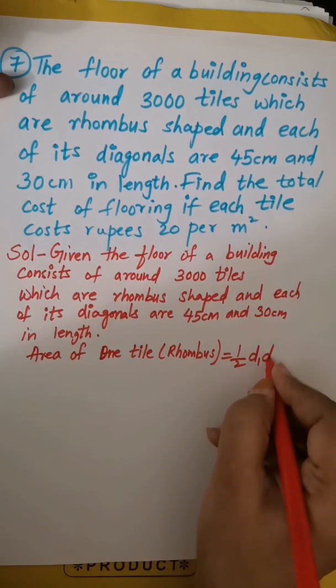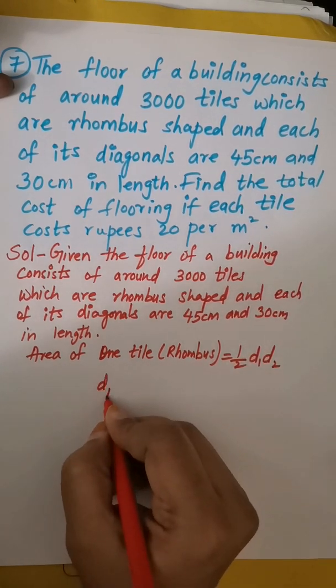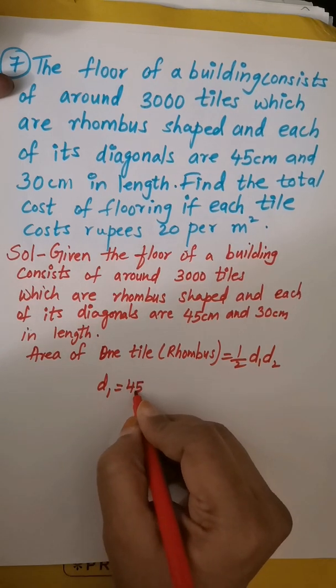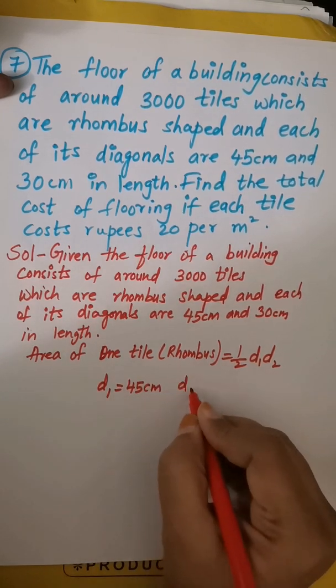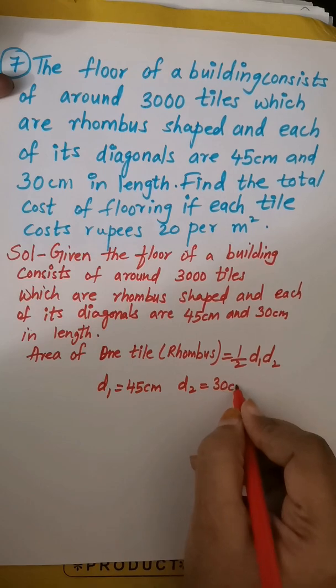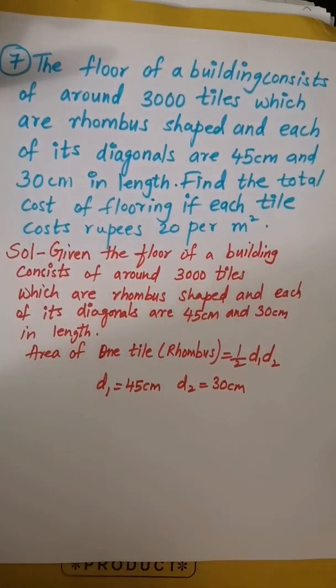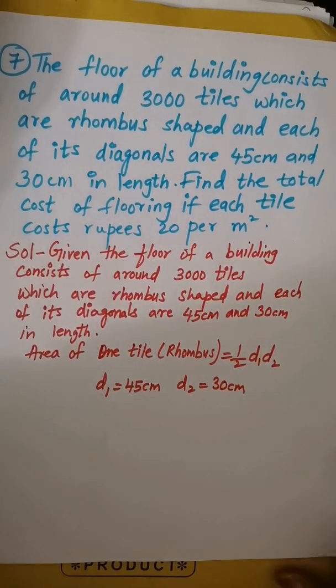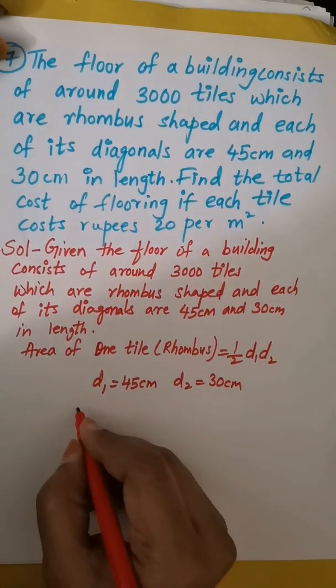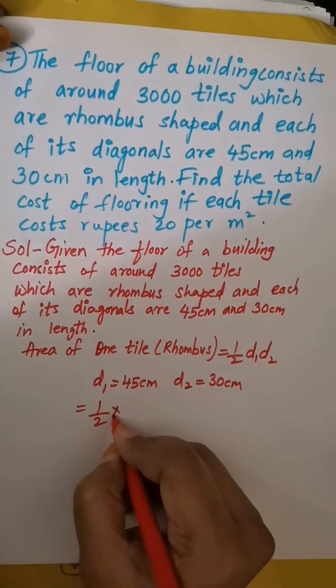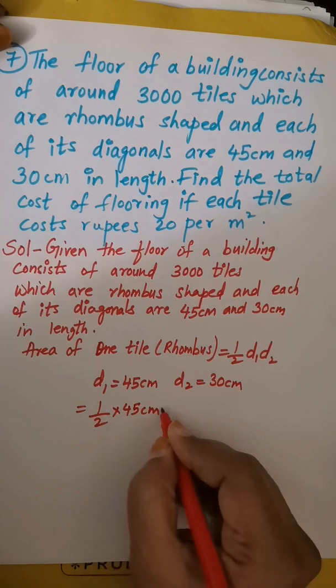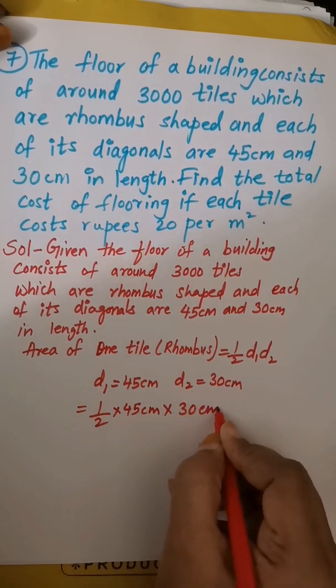Half d1 d2. Here d1 we will take as 45 centimeter and d2 we will take it as 30 centimeter. Now children, half into 45 centimeter into 30 centimeter.